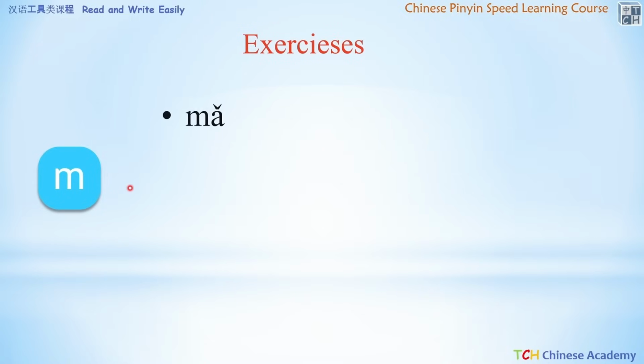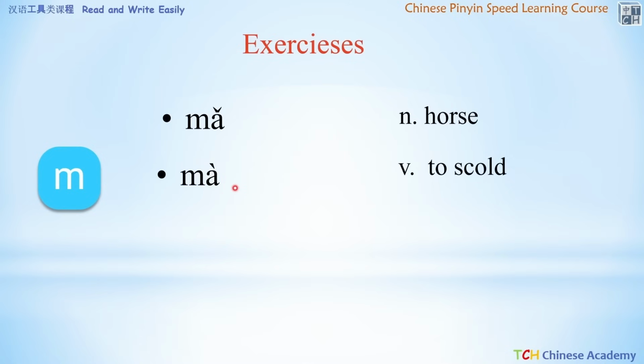Now let's do some exercises using m. The first one is m with the third tone, mǎ, that is a horse. And m, this time with the fourth tone, falling tone: mà, that is to scold.